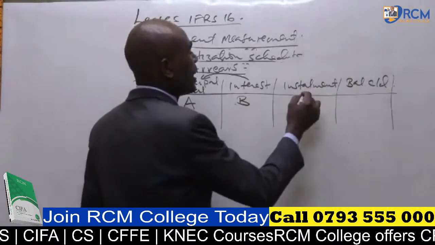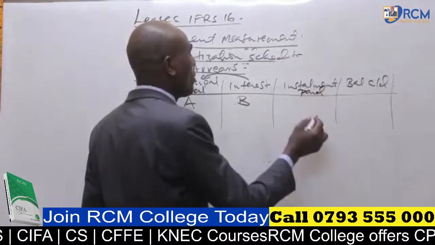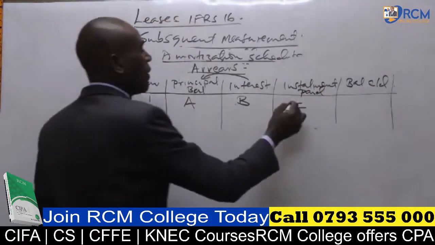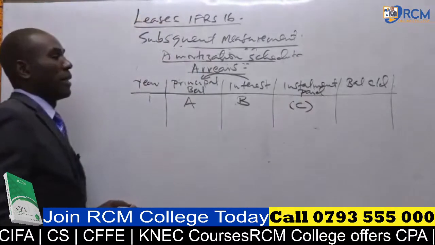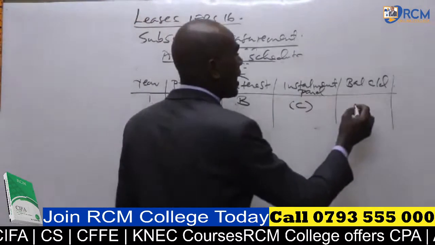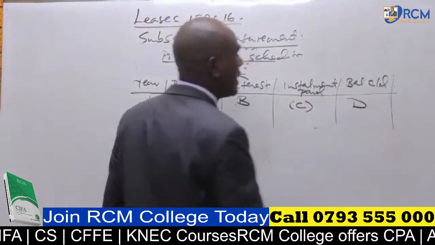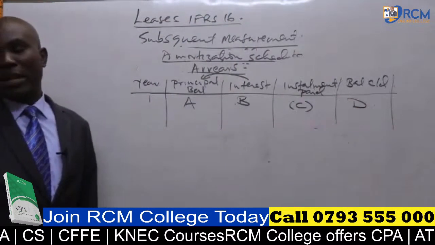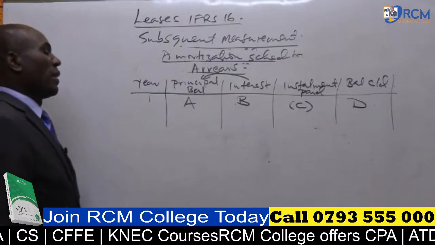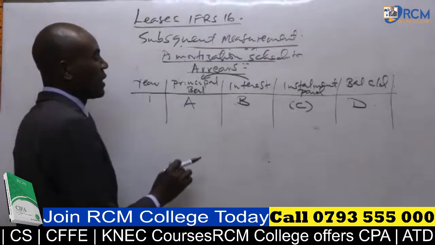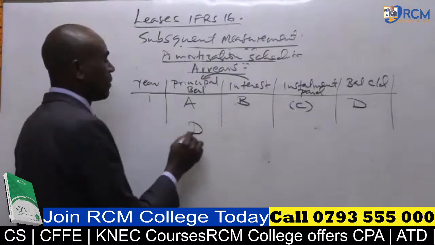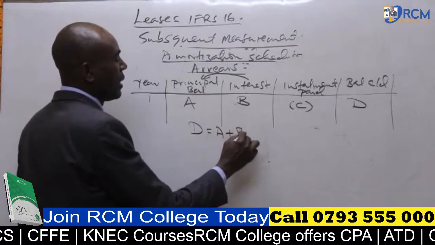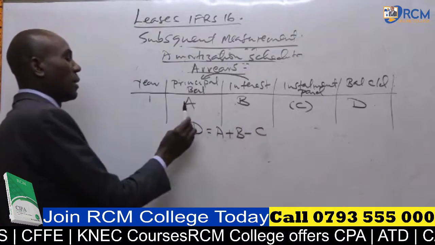Then we come to installment paid, let me call it C. Then we come to the balance at the end, we call it D. Therefore, out of this, how do I get D? D equals A plus B minus C.